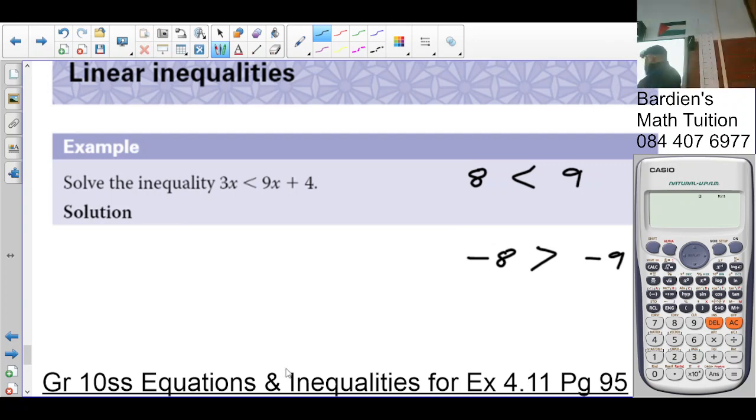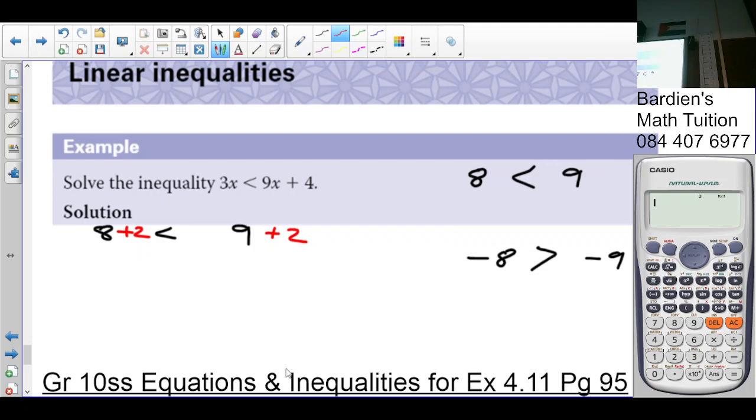So I said, okay, if you got 8 is less than 9, if I add 2 on this side and 2 on that side, it would simply be 10 is still less than 11. Then I say, okay, let's go the other way around.